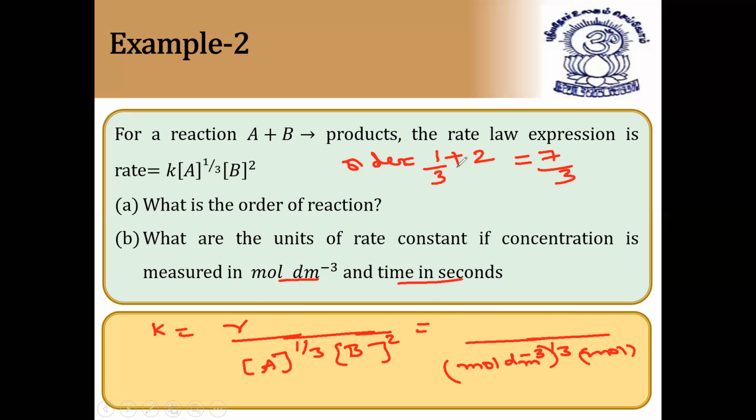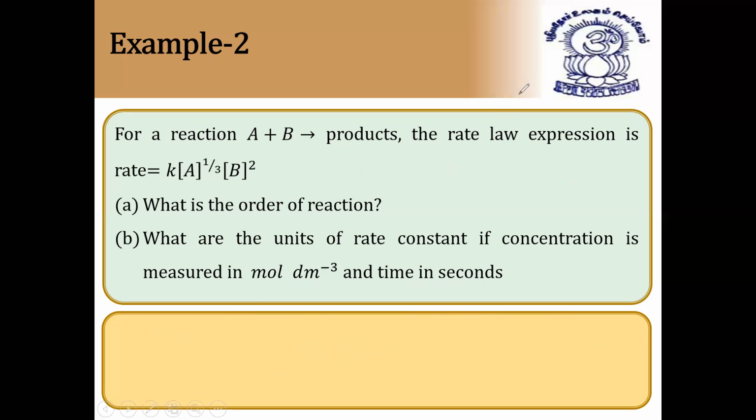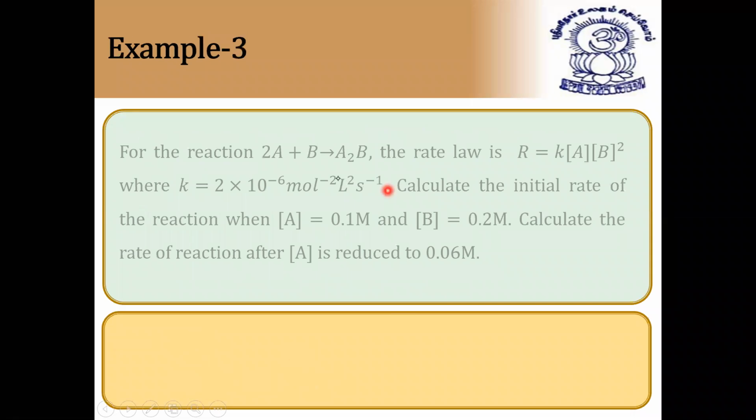If you substitute into the formula, automatically you'll get the answer. So the answer will be dm^4 mol^-4/3 s^-1. Just in place of m and n you have to write 1/3. So straight away you'll get the answer. So the first one is 7/3, the second one is dm^4 mol^-4/3 s^-1.